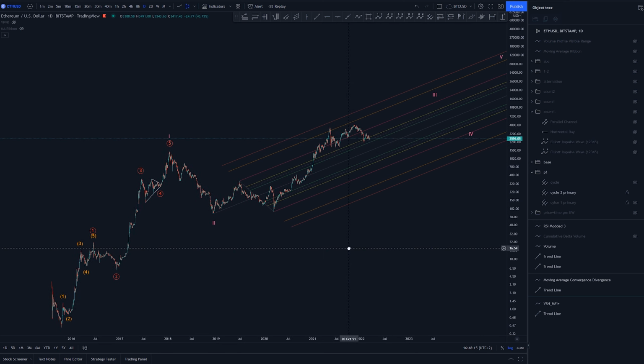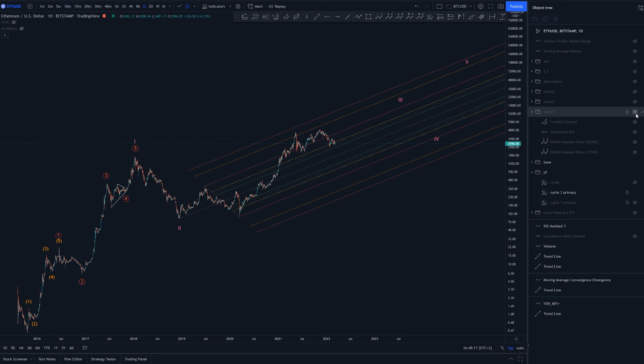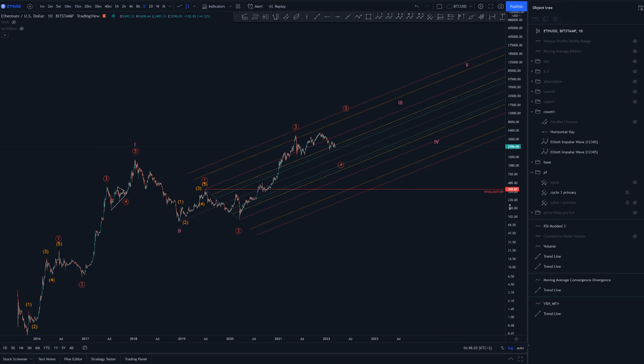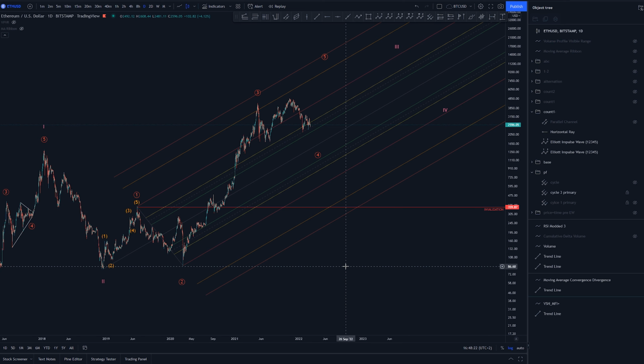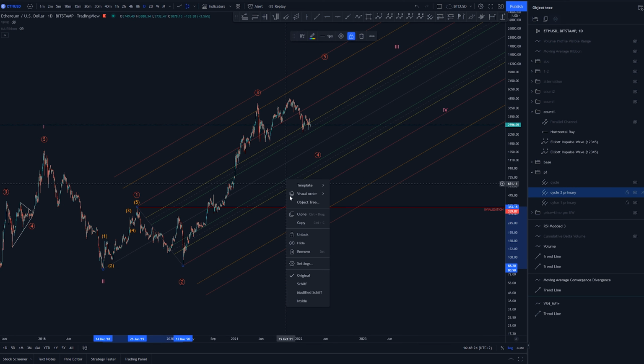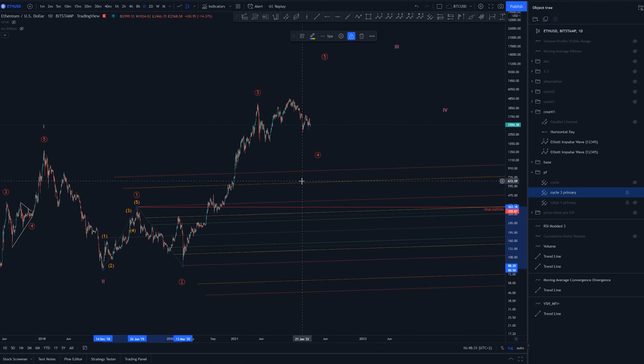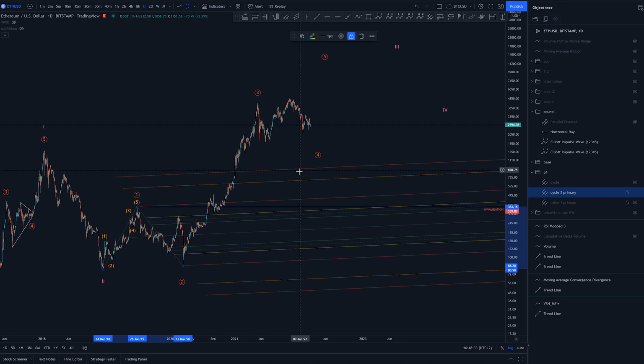Let me hide that for a second. Actually, let me just hide that one. And as you can see, it somehow fits this price action. There are different types of pitchforks.